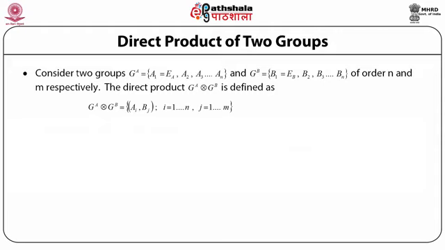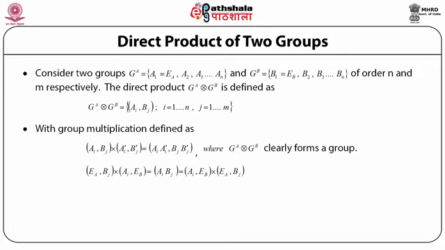The direct product of GA, written as GA cross GB, is defined as GA cross GB equal to the set of elements Ai Bj, where i goes from 1 to n and j goes from 1 to m, with group multiplication defined as follows.